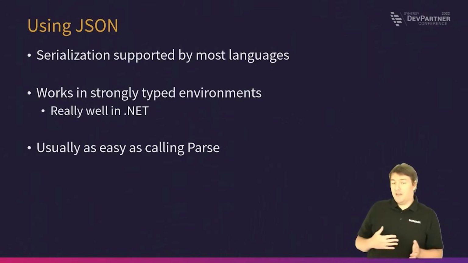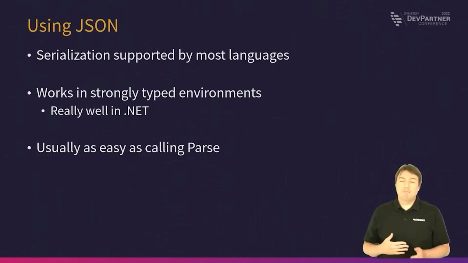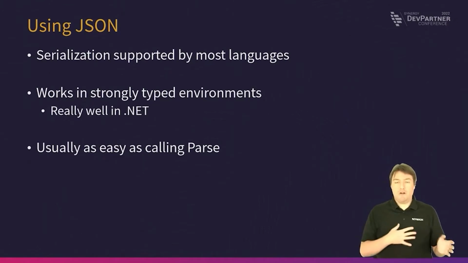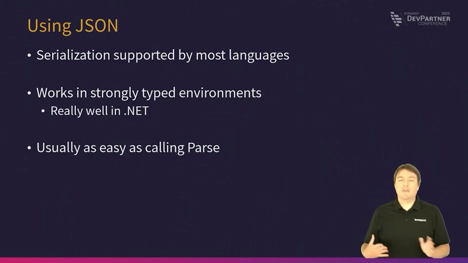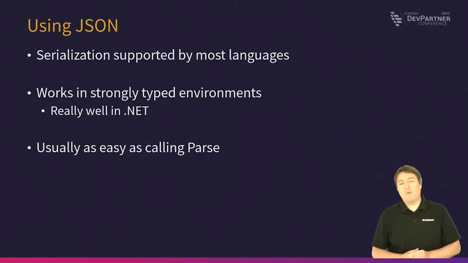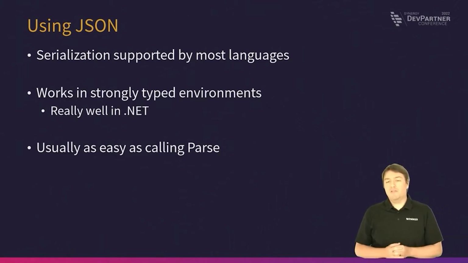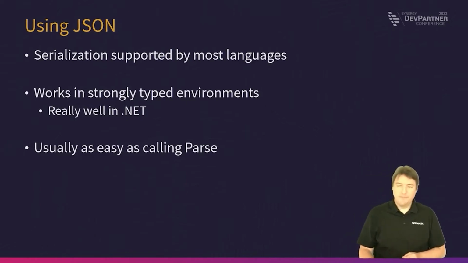Some varieties of JSON libraries give you extra tools to map your types and names to your strongly typed data models, giving you single command conversion from JSON input to a local structure. No matter where you are, starting to parse is usually as easy as calling parse with a JSON input.